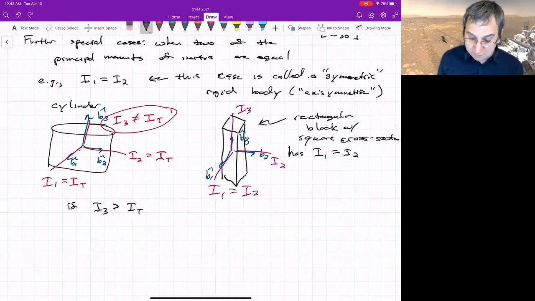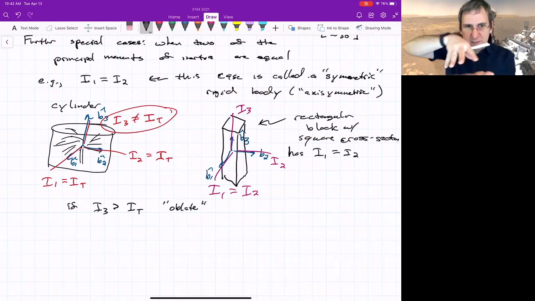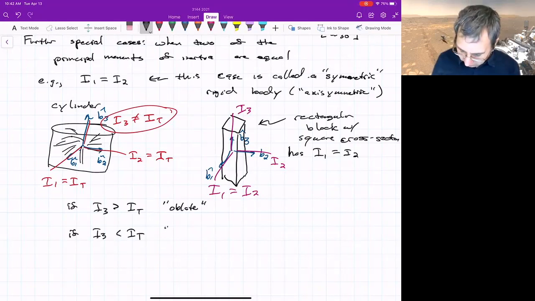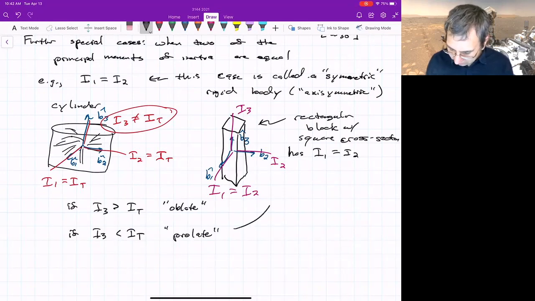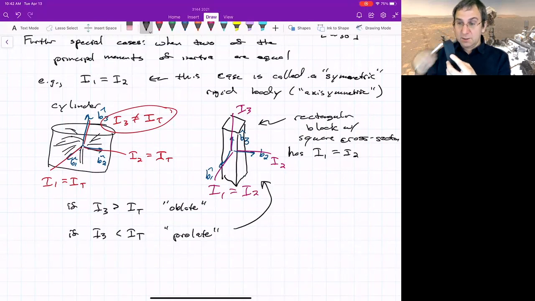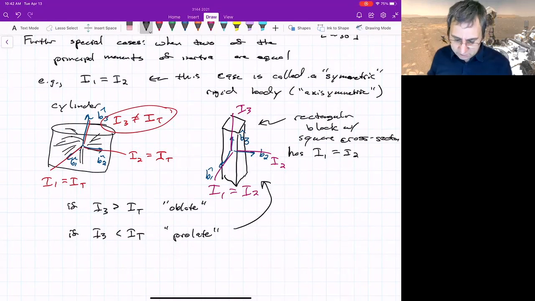So it has a lot of mass that's perpendicular to that axis, and that is called an oblate shape, that's squished. If I3 is less than IT, then we call this prolate. If you want, it's tall, skinny. So this is an example just from how I drew it. This is prolate. So the moment of inertia about that direction is the smallest, and you'll get different behavior.